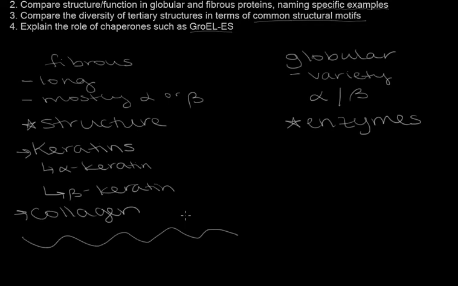So this would be one alpha helix strand, and then another one, so you can imagine they're braiding together, and then a third. By interlocking all of these different alpha helices, this makes it extremely strong.